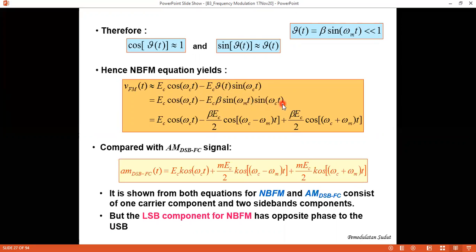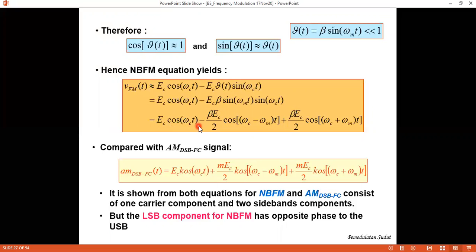Okay, and then we expand this using a trigonometry identity. So it's half cos(A minus B) minus half cos(A plus B), but since you have negative, so inverse, the lower sideband becomes negative, the upper sideband positive.